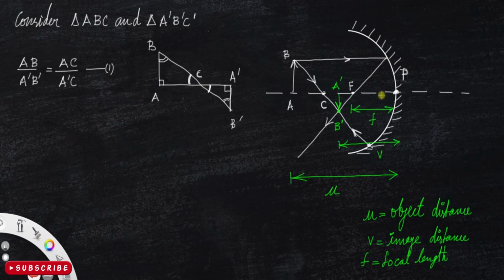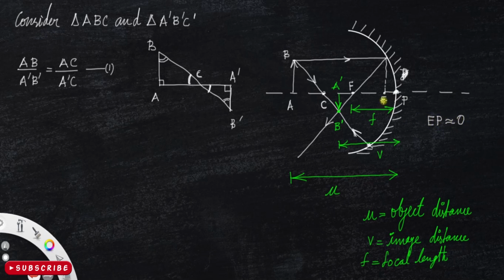Now again, if I drop a perpendicular from here, let's call that ABCDE. This point is P, the pole itself. This EP is approximately 0.